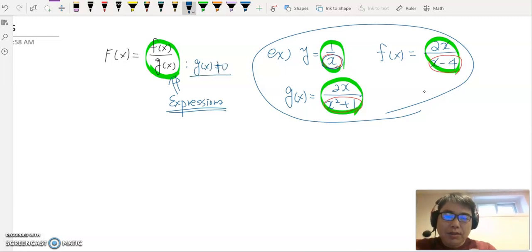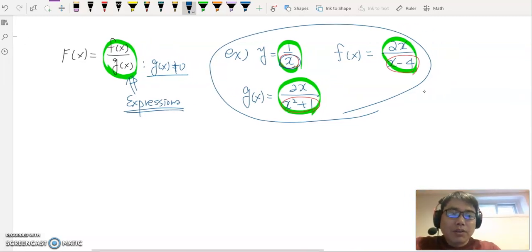Okay, g(x) cannot be 0, which means if any x value makes the denominator 0, then there will be a function restriction, which means no real value exists at the x that makes the denominator 0. That's what this means.